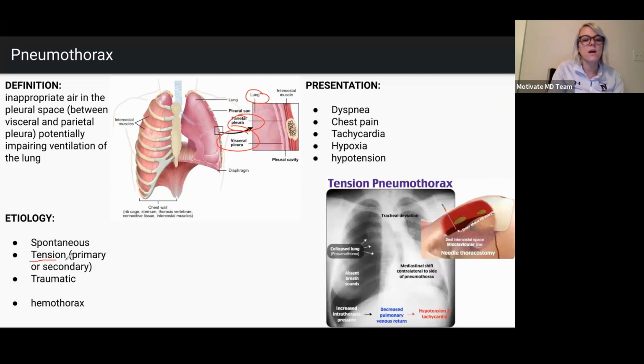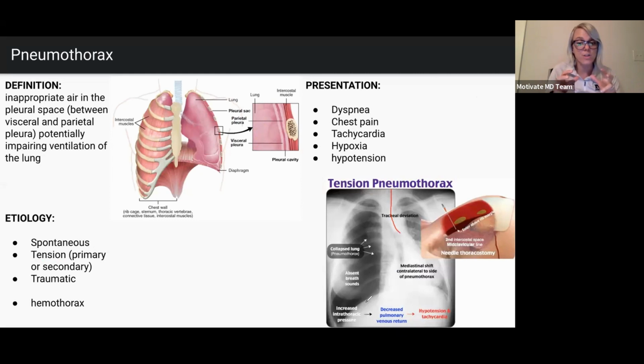Tension, meaning there's tension on the lung. That can be primary, in terms of a lung cause in and of itself, or secondary due to something else. And in a tension pneumothorax, the important thing to draw your attention to is that because of the collapsed lung, we're getting tracheal deviation and increased intrathoracic pressure.